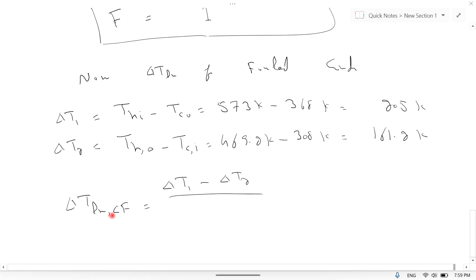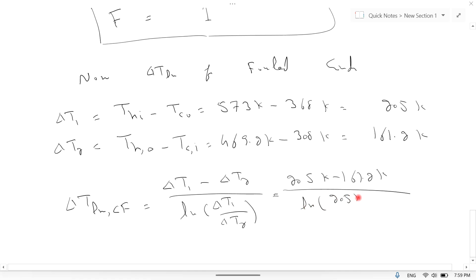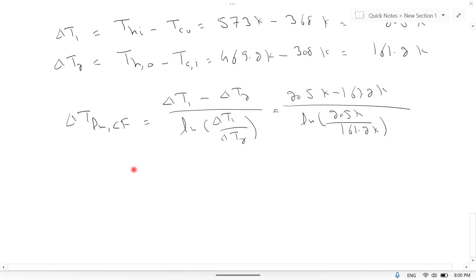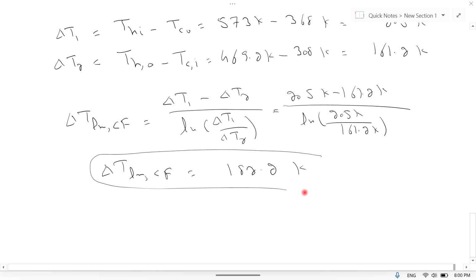After this, when we multiply this by F, it will be for fouling condition. This equals 205 Kelvin minus 161.2 Kelvin divided by natural log of 205 Kelvin divided by 161.2 Kelvin. So the log mean temperature difference for counterflow is equal to 182.2 Kelvin. Now we include the fouling factor.